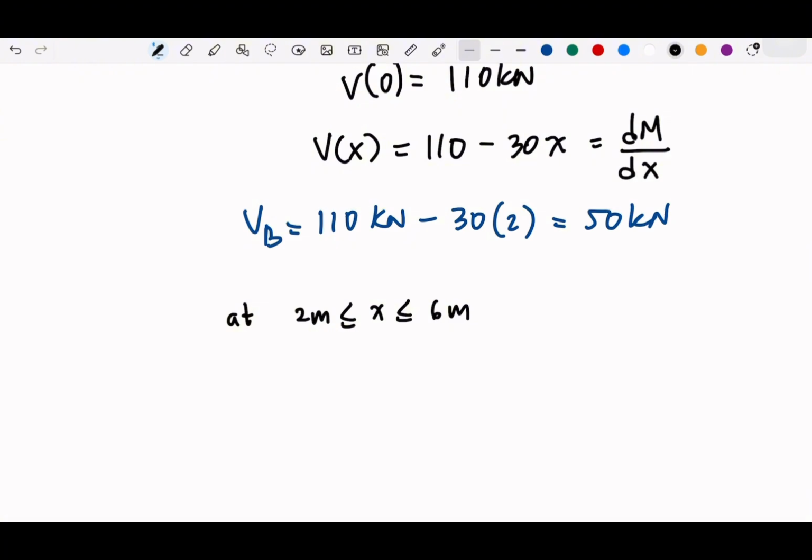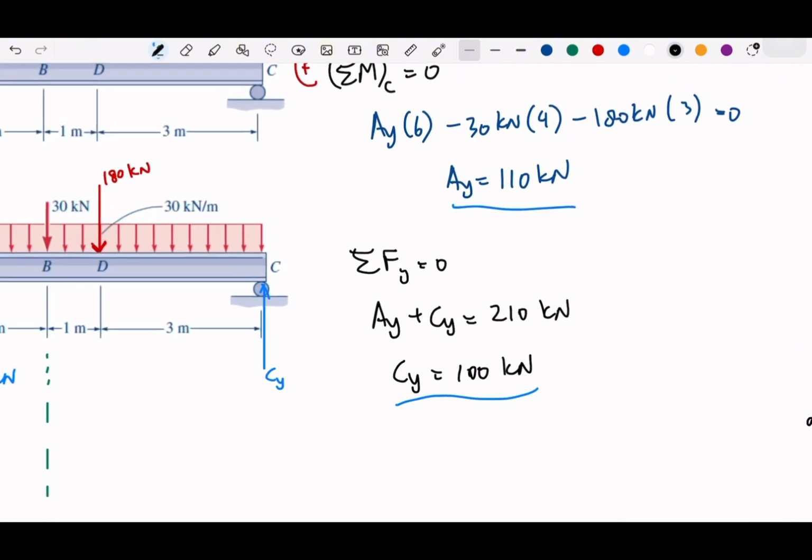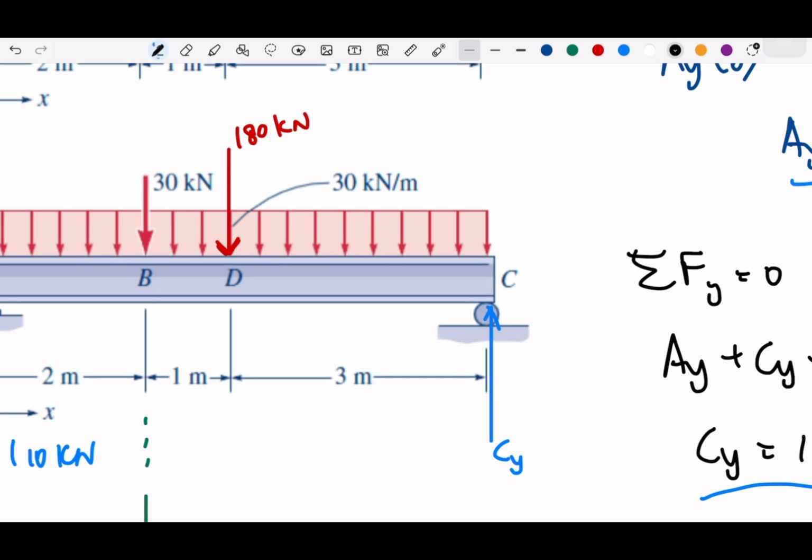What will happen? Here we have BC, which is this. We have a distributed load, but first we have at point B 30 kilonewton.